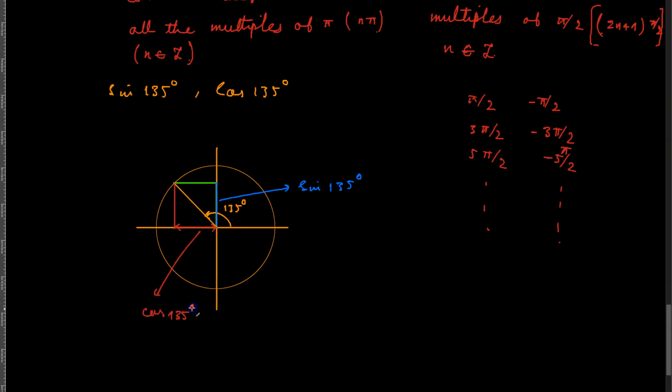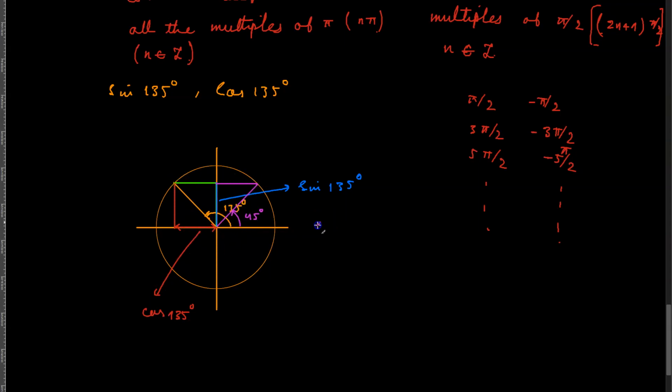Now you can see that if I draw an angle of 45 degrees in the first quadrant, basically the sine of this angle is exactly the same as the sine of this angle, which is 135 degrees.